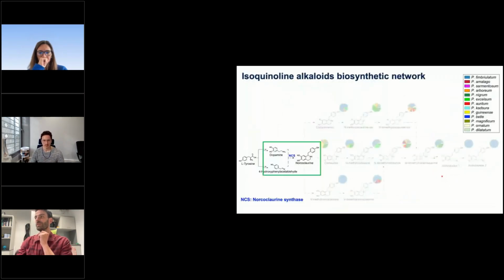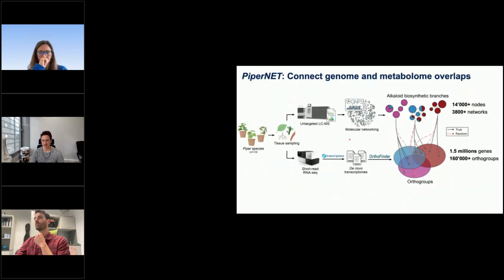So one layer is how well the distribution across species of the entire biosynthetic branch, not the individual compound, of the entire network of alkaloids, how well it correlates in terms of species distribution with the group of biosynthetic genes, and also how well their abundances and expression correlate across the tissues. And then we also integrate some other parameters like gene annotation, metabolism annotation for the refinement.